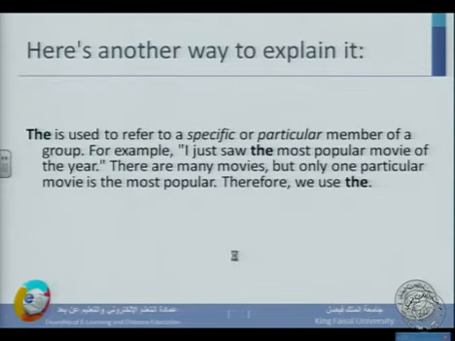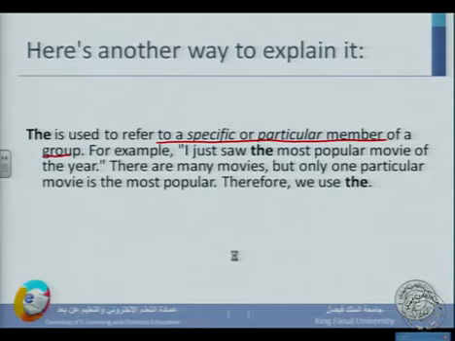Here is another way to explain it. The is used to refer to a specific or particular member of a group. For example, I just saw the most popular movie of this year.